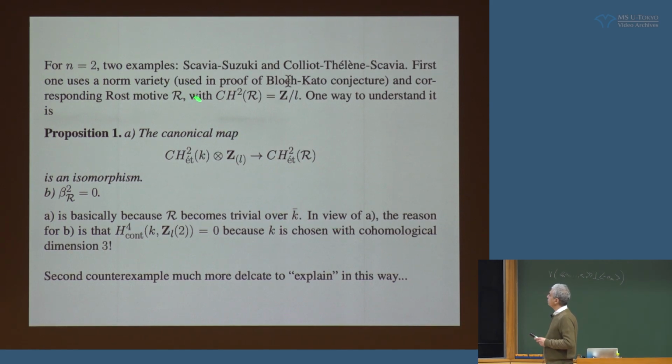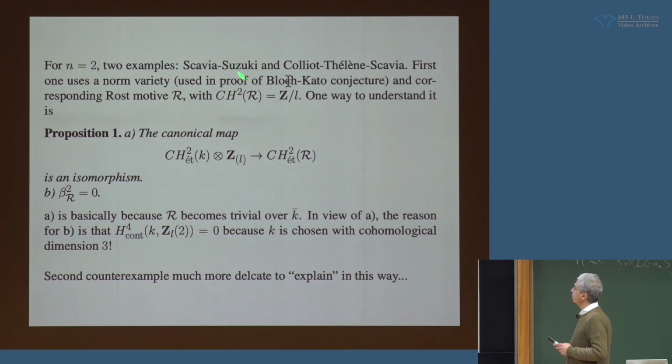And then it's well known that its second Chow group is Z mod L. So here we fix a prime number L. And then one way to understand their counterexample, they show that this element vanishes in l-adic cohomology.